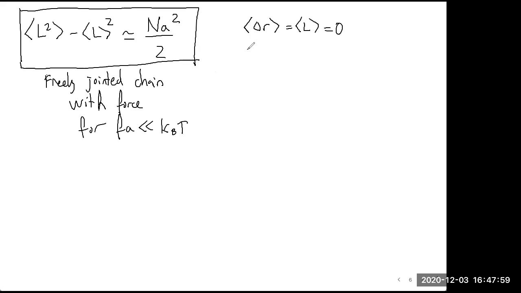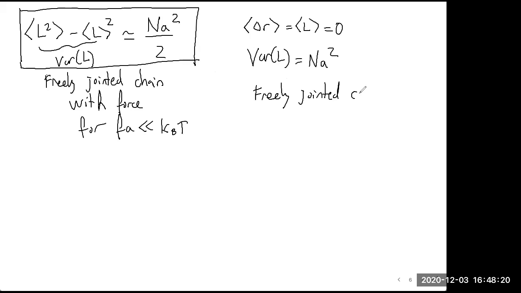And the variance of L was something similar, it was N a squared. But this was a different model. This was the freely jointed chain. Okay, this is what we got.